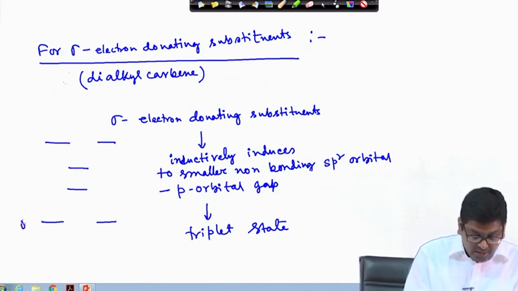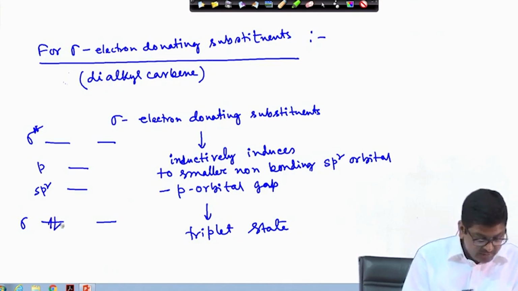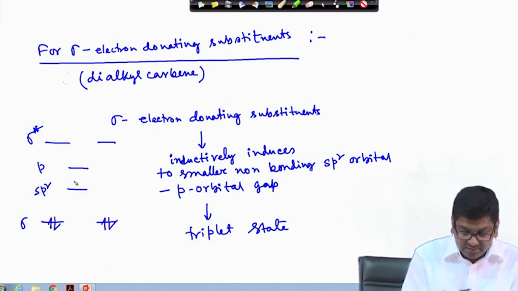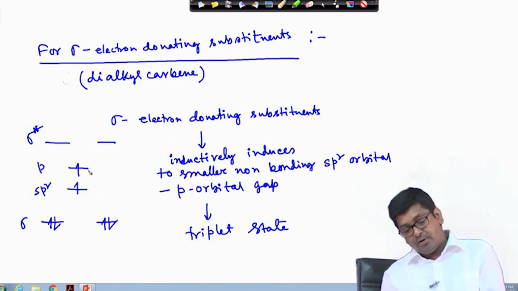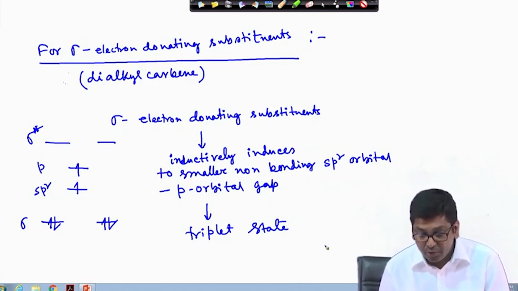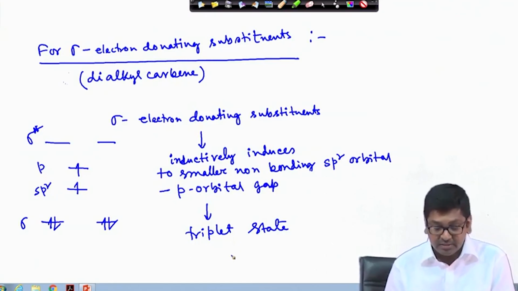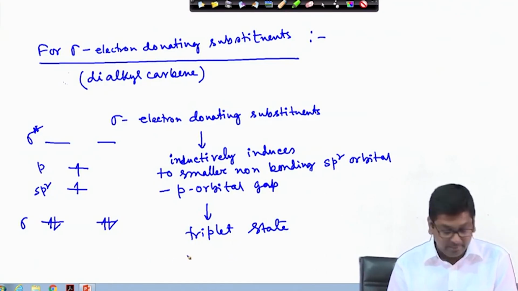For this bonding we have the sigma, then sp2, then p, and then the sigma star. We filled up the electrons like this for the p orbital for the triplet. Now, what will sigma electron donating substituents do? They inductively induce a smaller gap between the non-bonding sp2 and p orbitals.